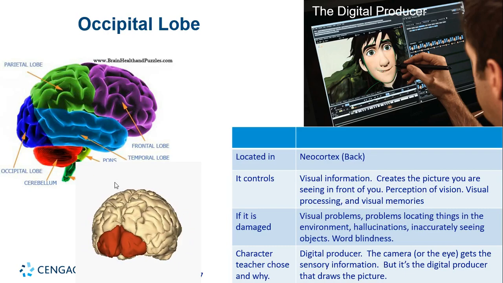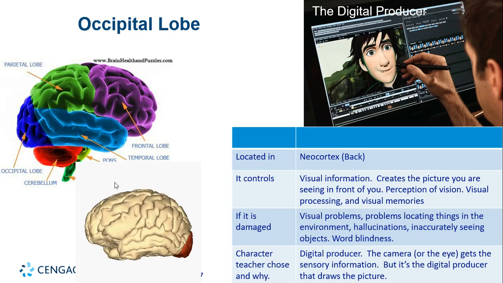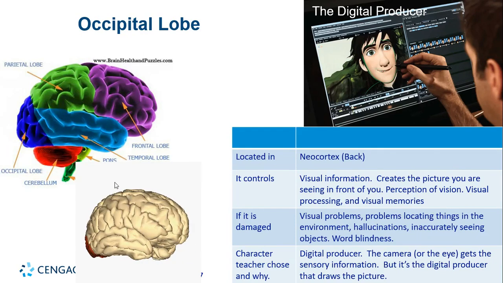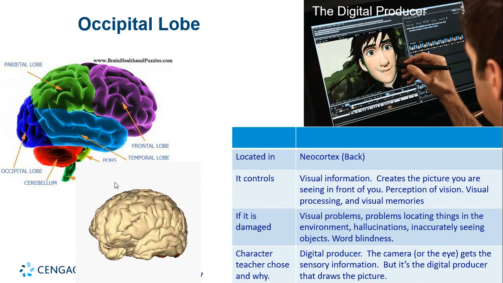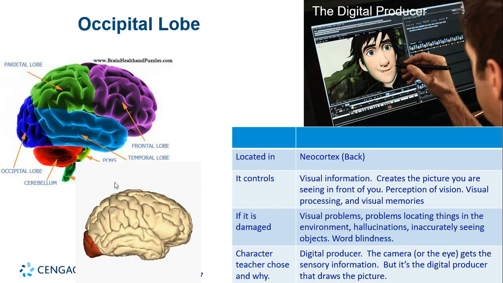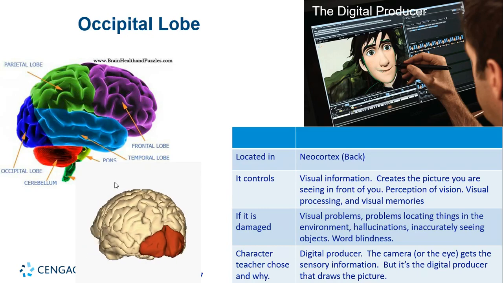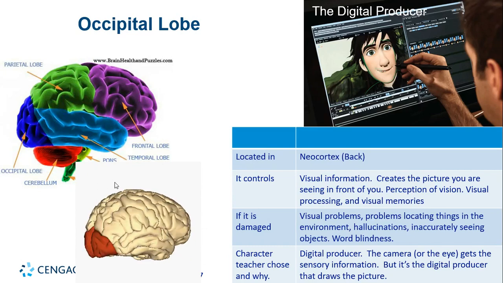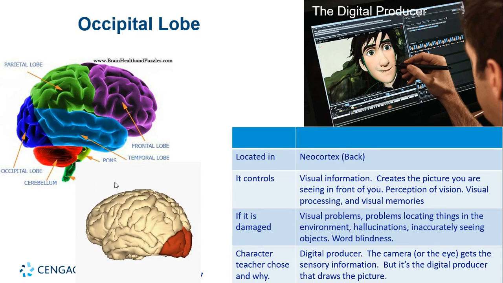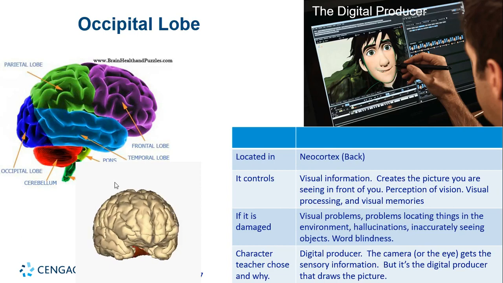When you're looking out and you see your computer, your kitchen, your room, whatever, right? Your friend in front of you. The picture that you're seeing is drawn by your brain. Our eyes send information to the brain, but it's not our eyes that draw the picture.